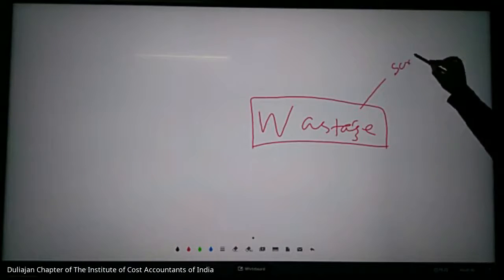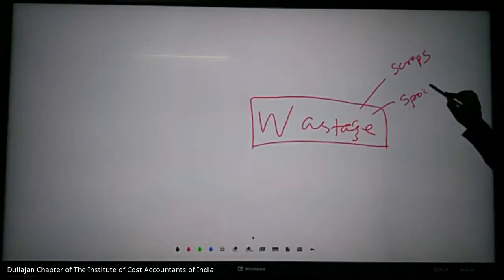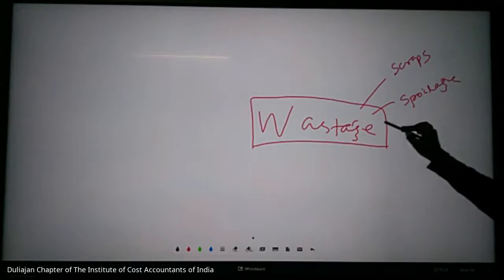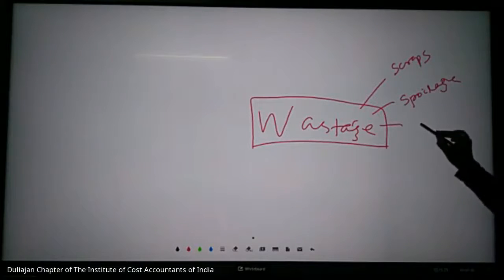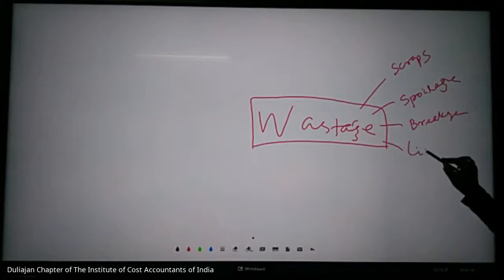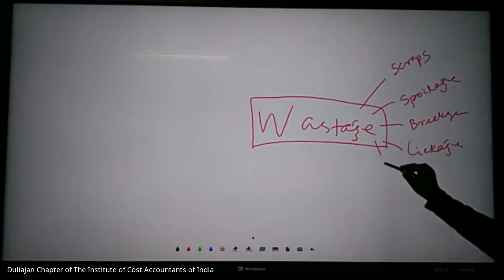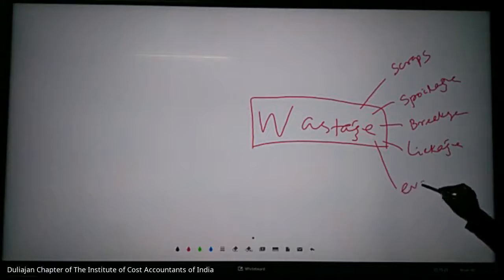Like scrap, spoilage, then your breakage, leakage, evaporation.